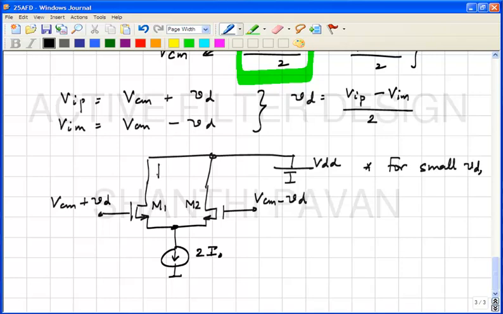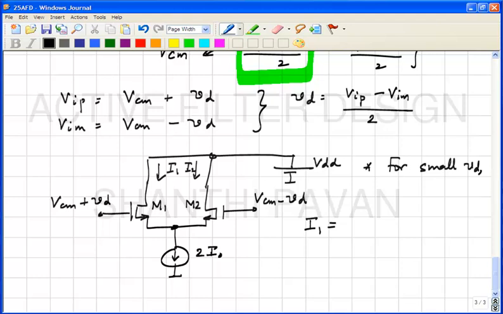Then what can you say about the currents through M1 and M2 for small Vd? I1 must be equal to, or when Vd is 0, what are the currents? By symmetry, I0 must flow through both the transistors.